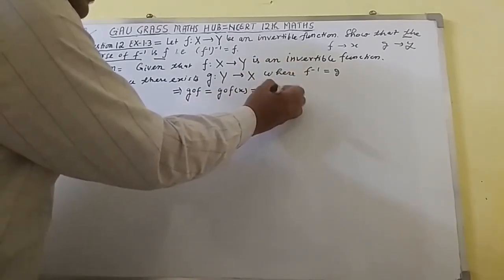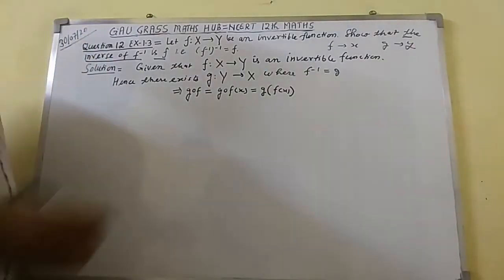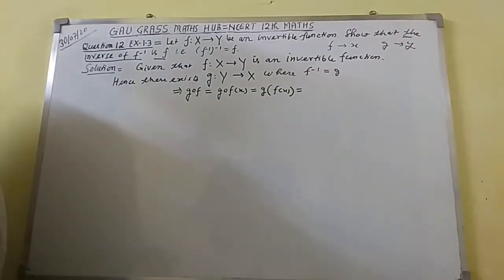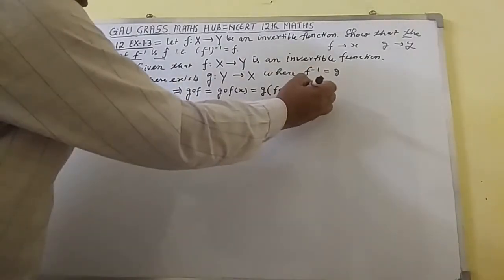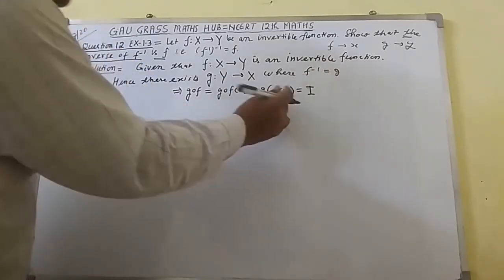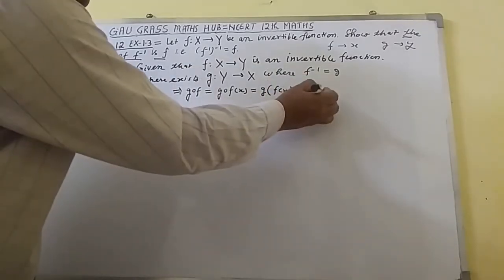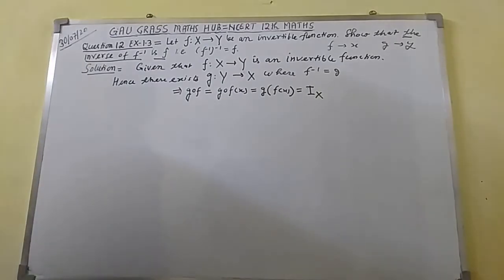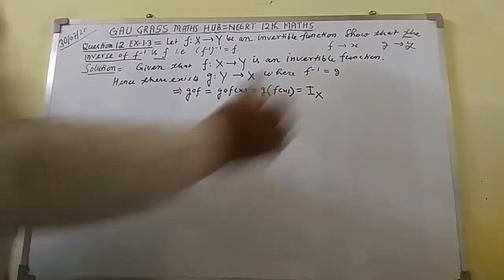Thereafter write f(x). Now it gives the identity function on X. g o f gives the identity function on X, so this will become equal to x.